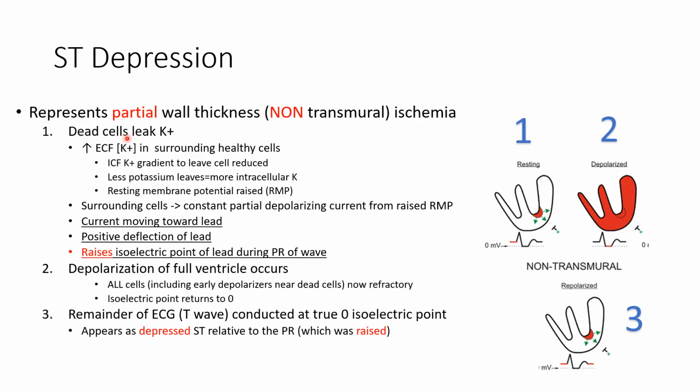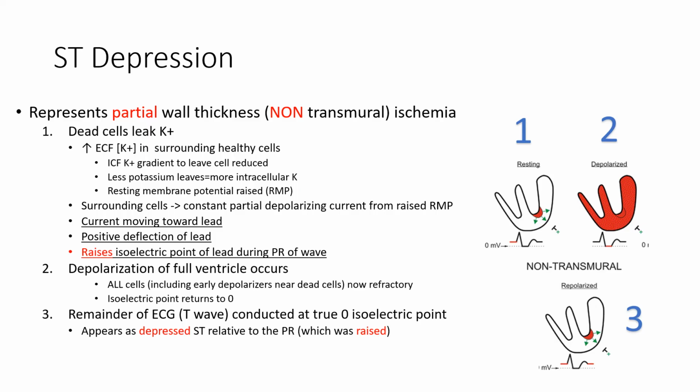Those dead cells are leaking potassium, and the increase in extracellular fluid potassium around the surrounding cells is actually raising the resting membrane potential of the surrounding cells, because the intracellular potassium has less of a gradient to want to leave the cell. Thus, there's more positive charges within the living cells. Less potassium leaving means more intracellular K, and thus the resting membrane potential is raised.